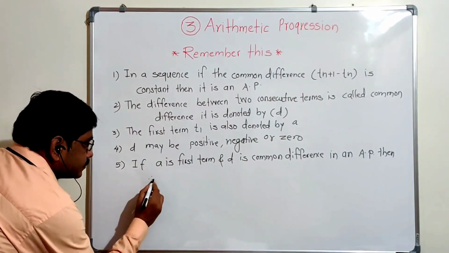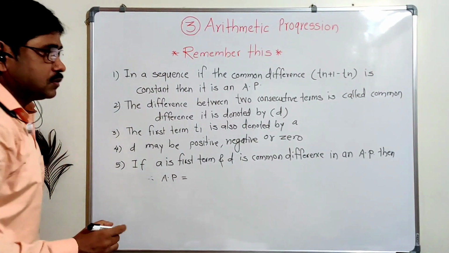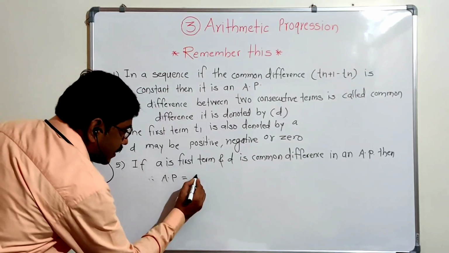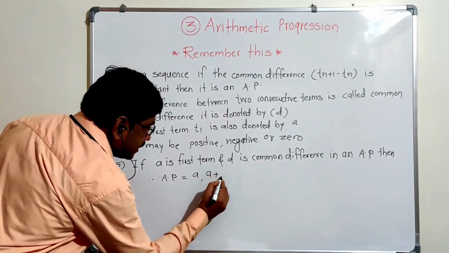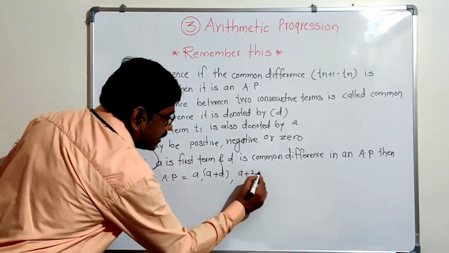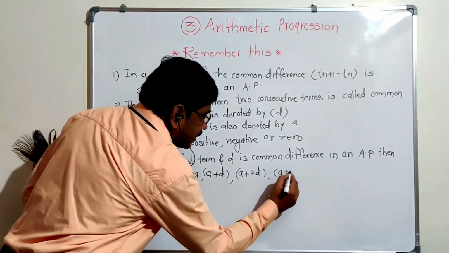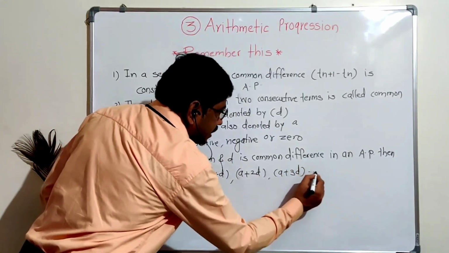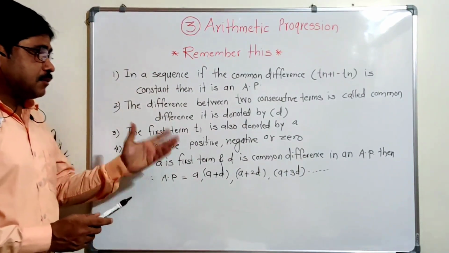The arithmetic progression is equal to, how to find the terms? A is the first term, then A plus D is the second term, A plus 2D is the third term, A plus 3D is the fourth term, and in this way. So we can find the arithmetic progression.